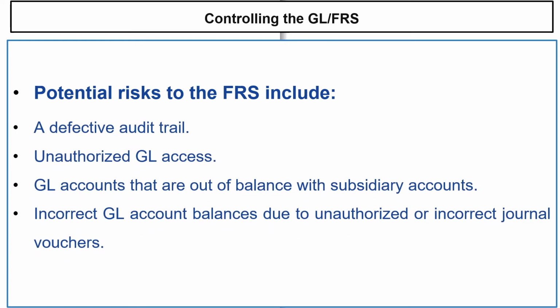So the potential risks and threats to the financial reporting systems include defective audit trails, unauthorized general ledger access, and general ledger accounts that are out of balance with the subsidiary accounts, meaning the general ledger account balances do not tally with the subsidiary accounts in the department or in the TBS system.